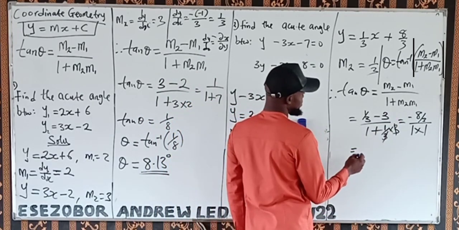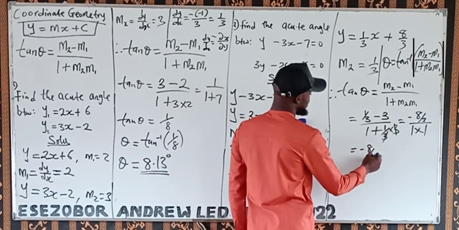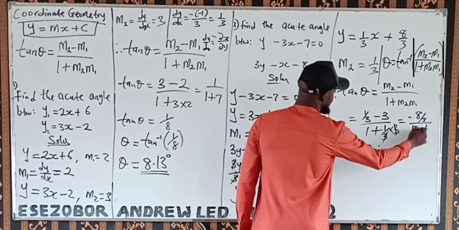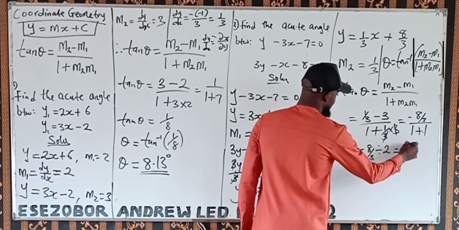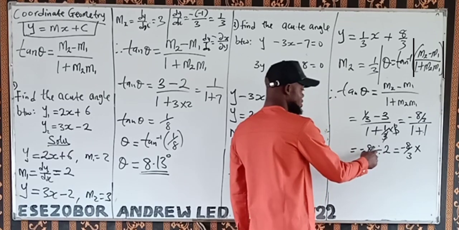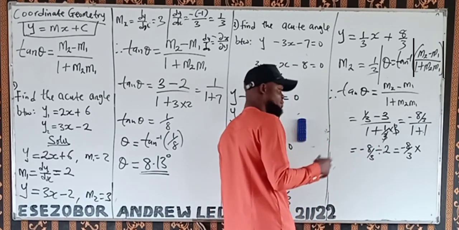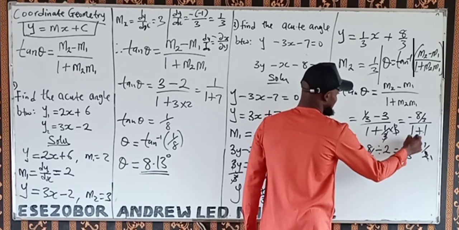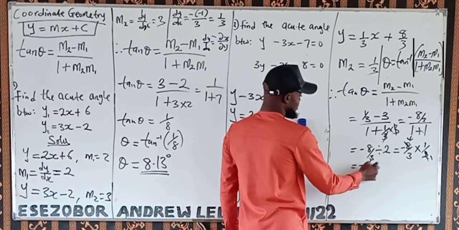So let us solve this. We will have minus 8 over 3 divided by this one, which is 1 plus 1 times 3, that is 2. That gives us minus 8 over 3 divided by 2. To do division of fractions, you change the division to times and take the value on the other side: 1 over 2. 2 here 1, 2 here 4. So we will have minus 4 over 3.